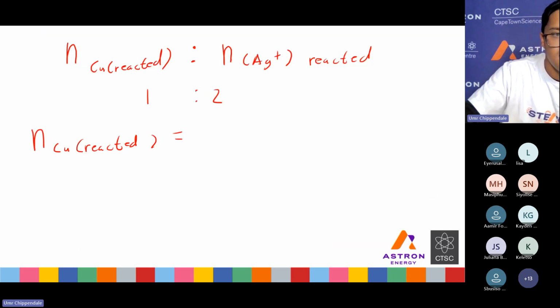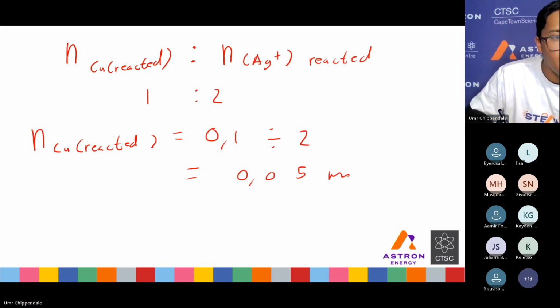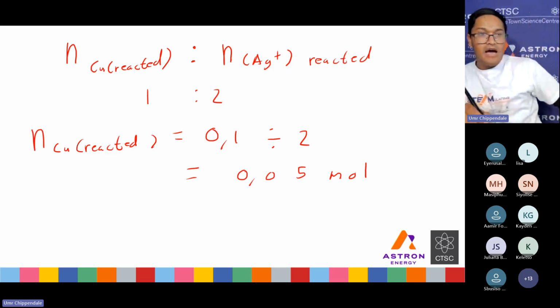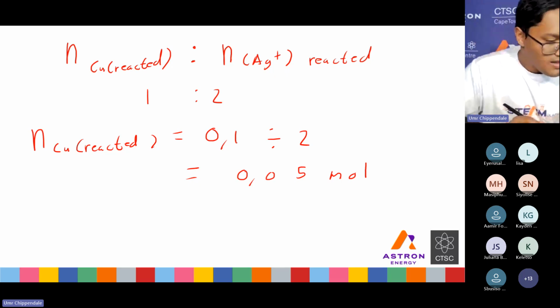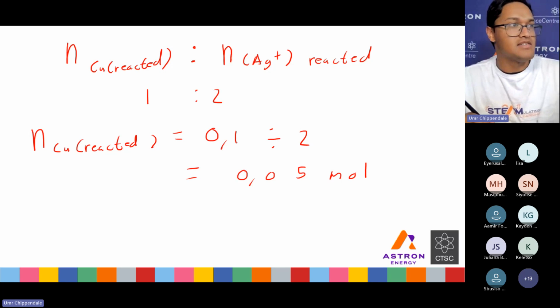So that's going to be our 0.1 divided by 2, and that will give an answer of 0.05 moles. Sorry, 0.05 moles. Now, all of this is when we dealt with our cathode, and that's how we related it to our copper that actually reacted.